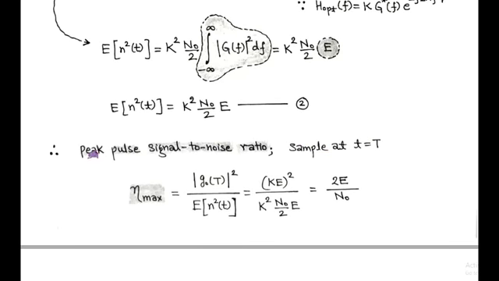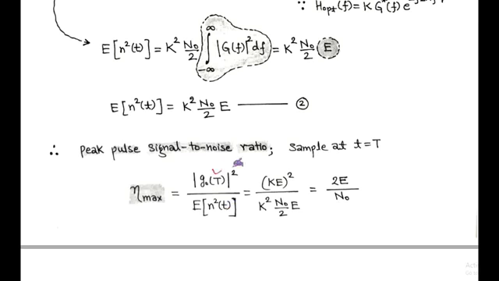Now, in our discussion, we have to determine the peak pulse signal to noise ratio, that is sampled at t equals capital T. So we take the ratio, that is eta max, and the ratio is mod of g0(T) square upon expectation of n square(t).